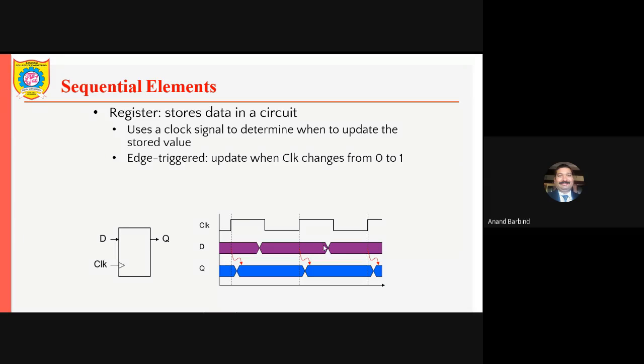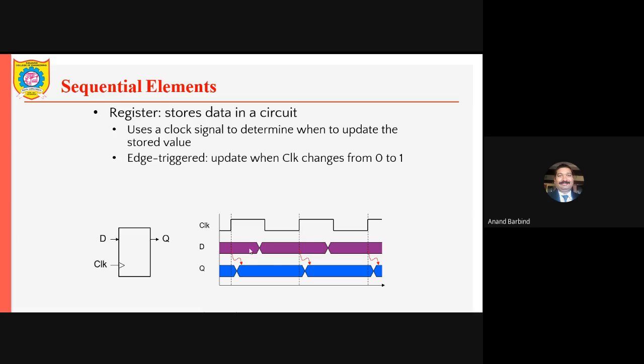Again here you can see that D is changing, but immediately Q, that is the output, is not changing, and when the next positive edge comes, then Q is going to change. That is why D stands for delay flip-flop. The output Q changes after some delay. That delay depends on at what time this D input has been changed, and from that time how much it takes to come to the next clock pulse.